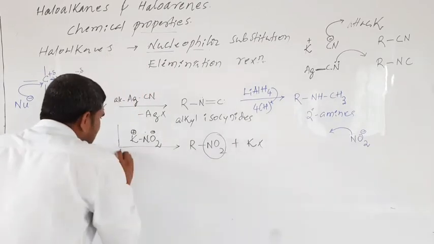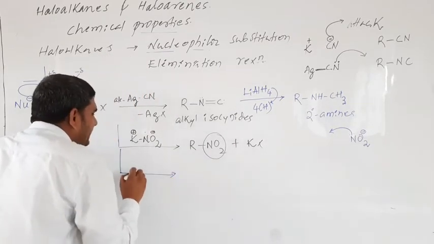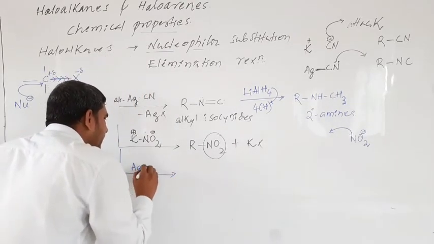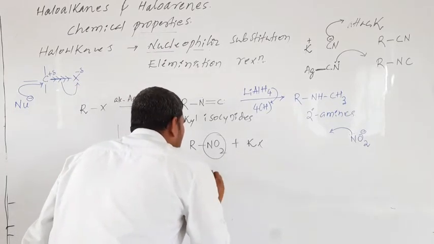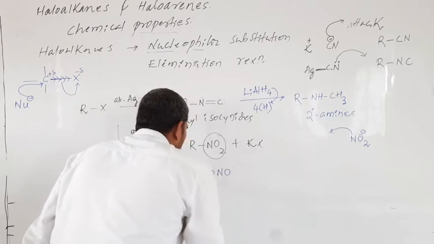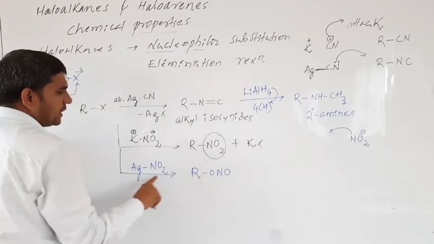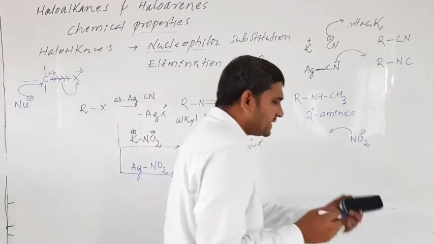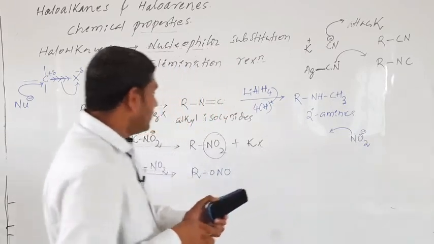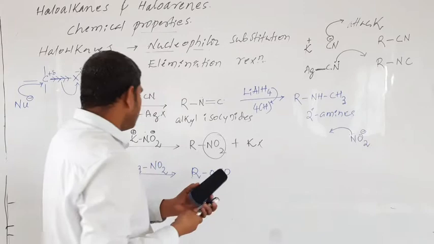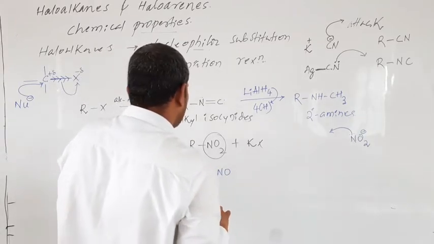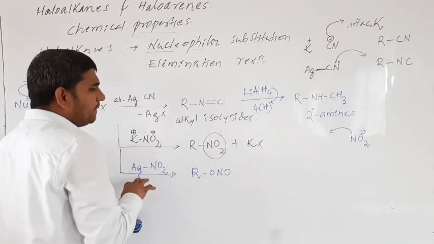If you take AgNO2, the product is RONO, meaning the attack takes place through oxygen.